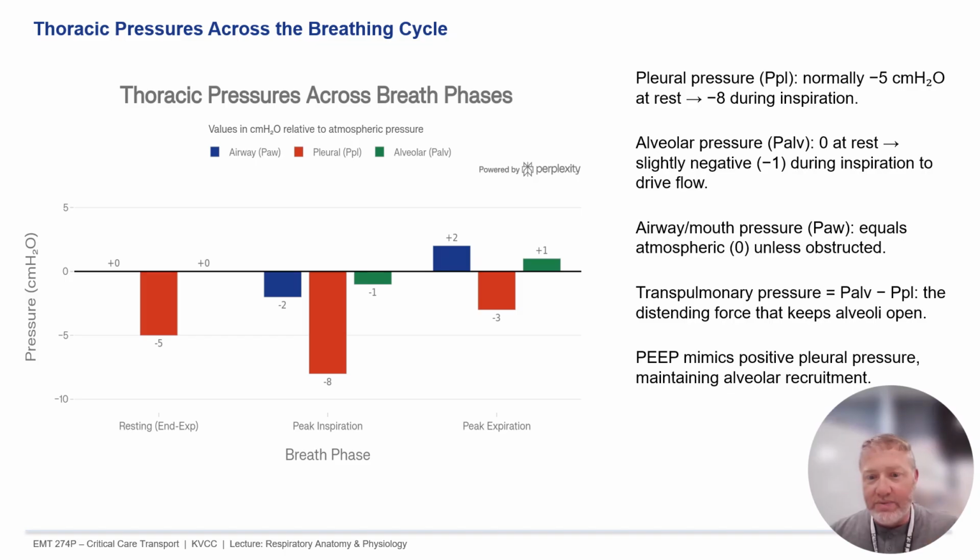The equations for all the different pulmonary pressures are likely not things that you need to know specifically, but understanding the mechanics of it is very important when you're dealing with any kind of assisted mechanical ventilation.